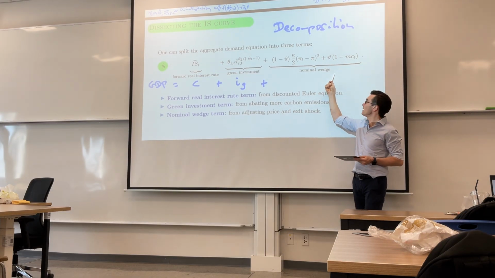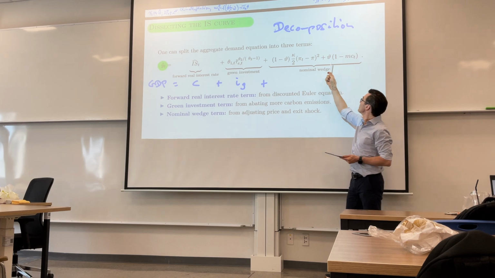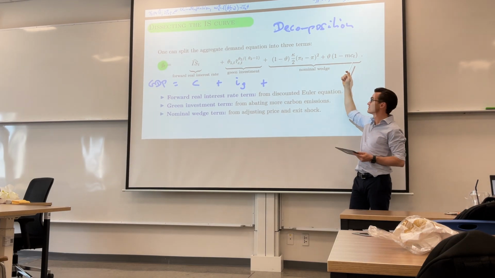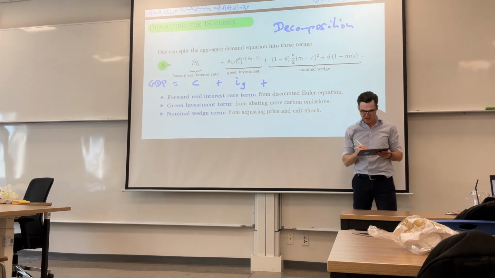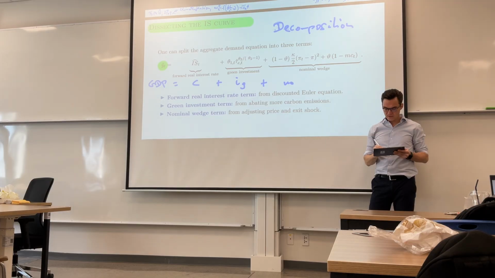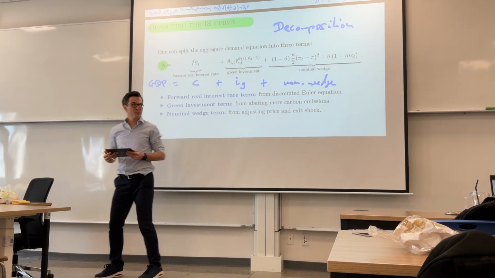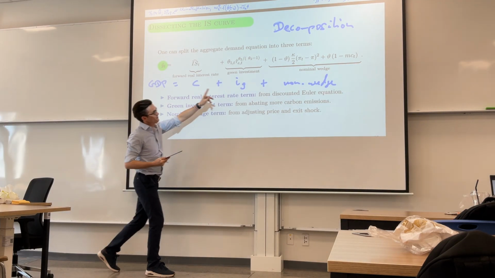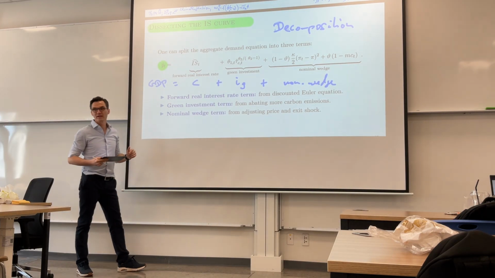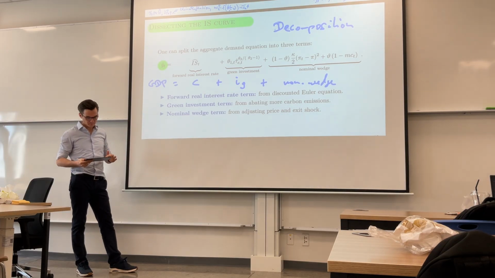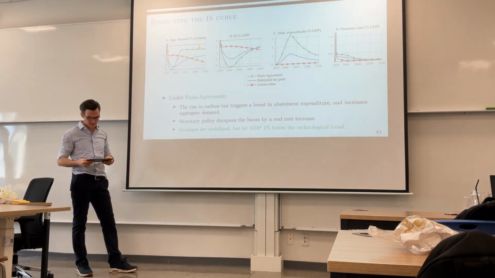So there's also spending if you change your prices, or the firms who go bankrupt or exit the market, their profits just disappear. So this is like the nominal wedge, what they call it. So we can now decompose the GDP response we observe into consumption, investment, and the nominal wedge. That's the plan.